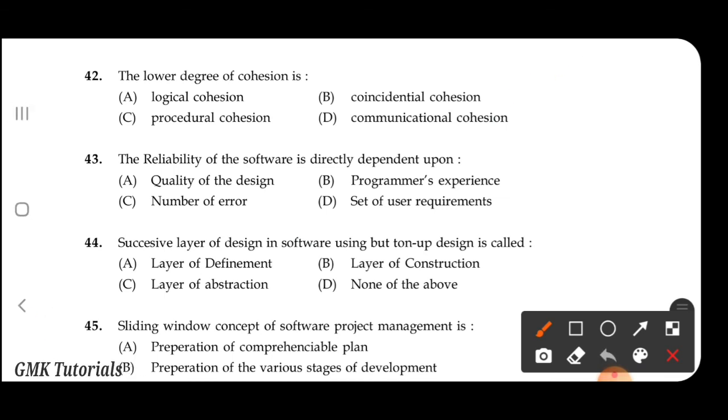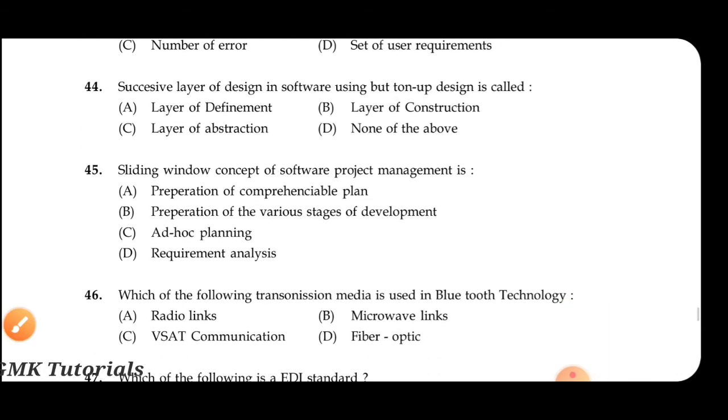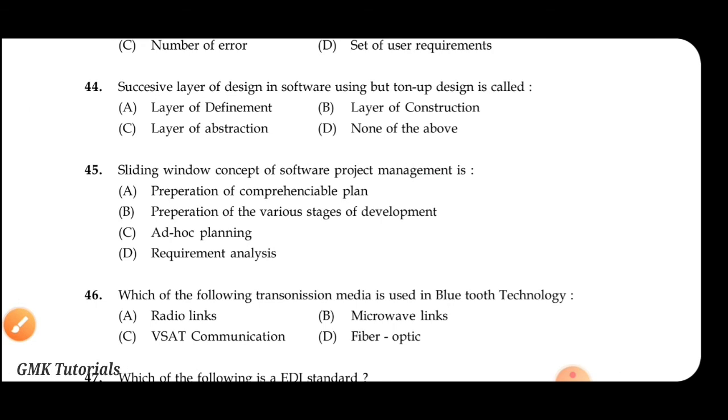The reliability of software is directly dependent upon the number of errors. Successive layers of design in software using bottom-up design are called layers of abstraction. Sliding window concept of software project management: it is the preparation of a comprehensible plan.